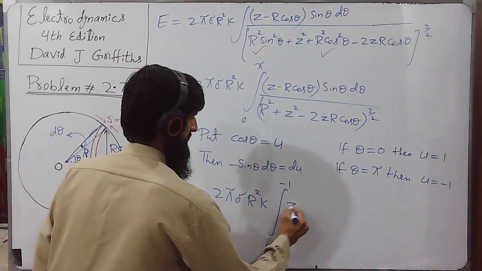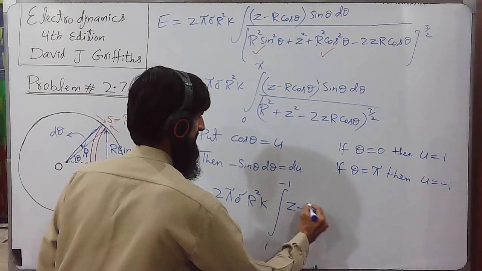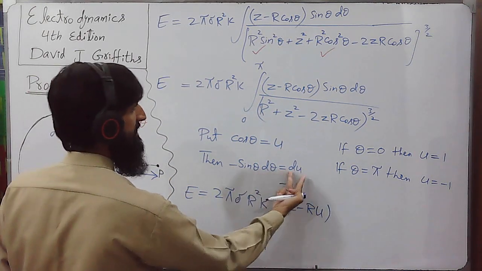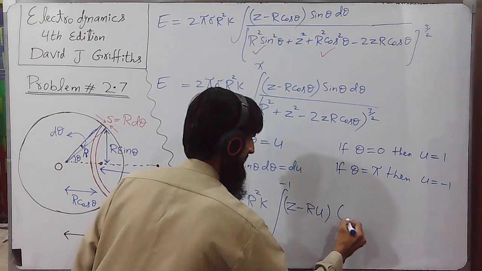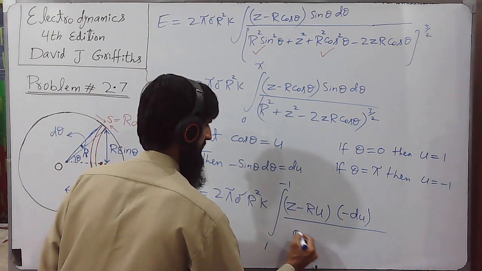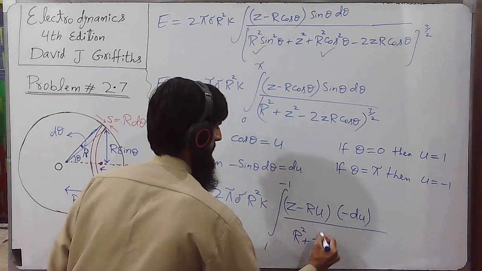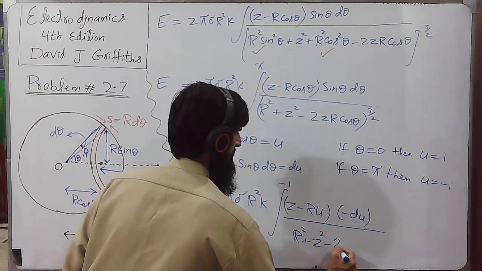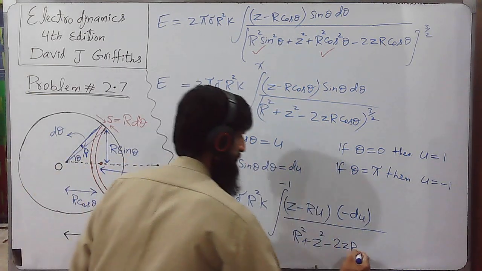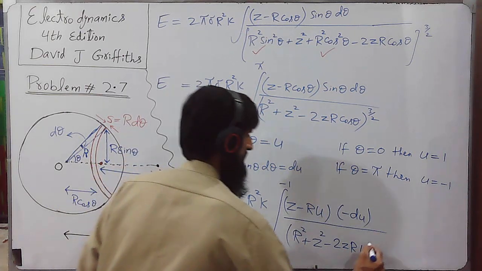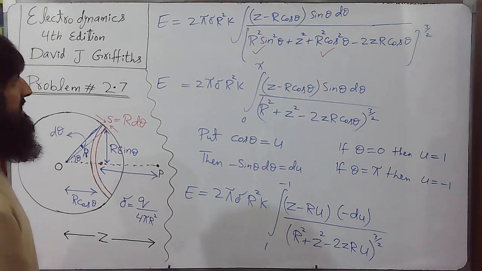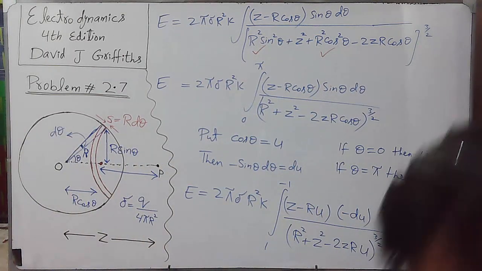Now in the numerator it becomes z minus r u, and sine theta into d theta will be equal to minus du. And the denominator becomes r square plus z square minus 2 z r u, since cos theta has been replaced by u, and the whole power 3 by 2 is written here as it is.